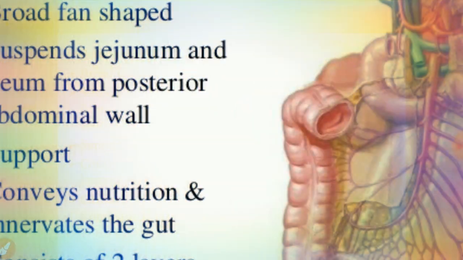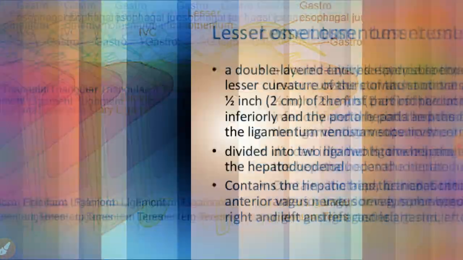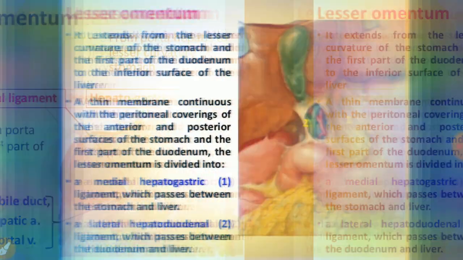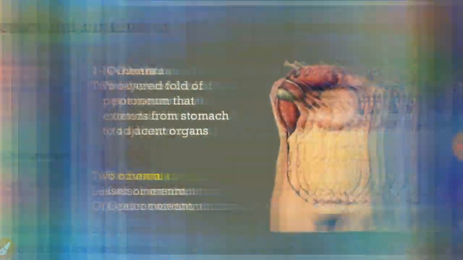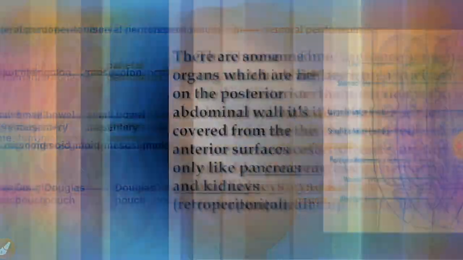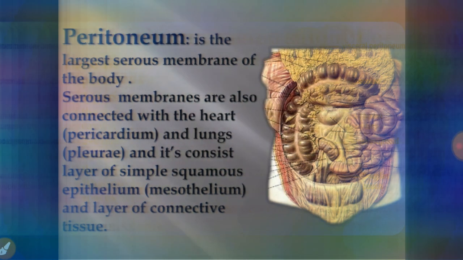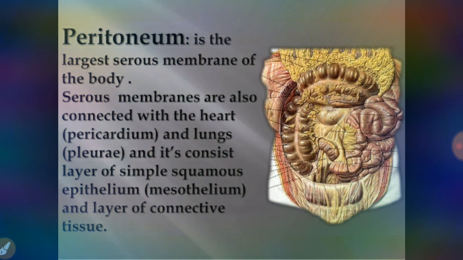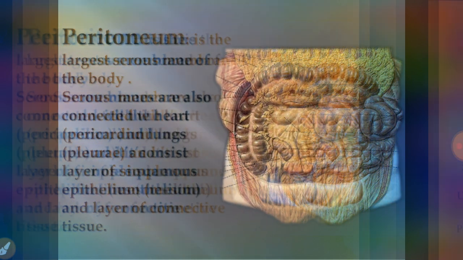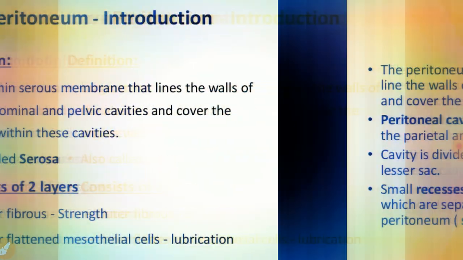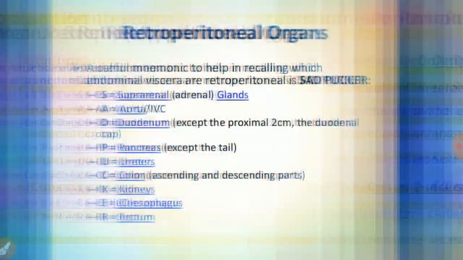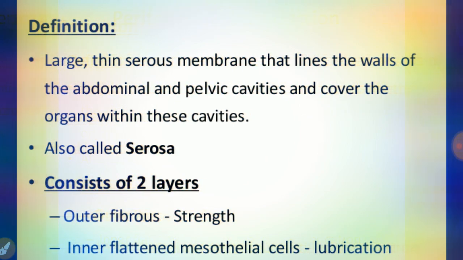Got it? So what we have discussed: we have seen the peritoneum and abdominal cavity, meaning the peritoneal cavity, and the layers of the peritoneum. We have seen the parts of the peritoneum. There are two layers of the peritoneum. The first one is the parietal peritoneum, and the second one is the visceral peritoneum.